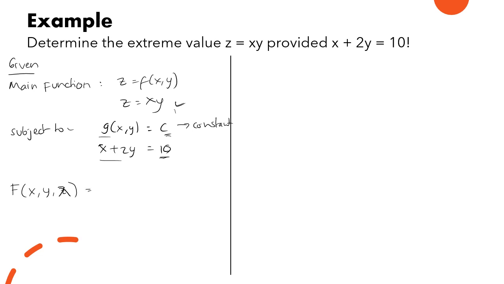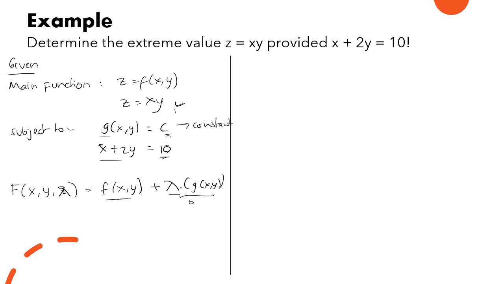If I write again our rule here, like this, if we don't want to change it, this should be 0, right?